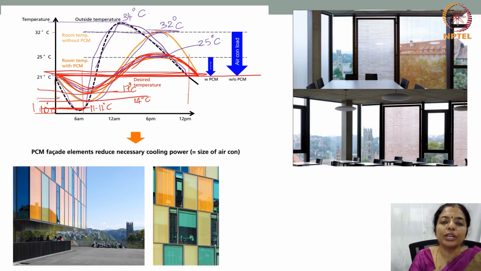So the load on the air conditioner with phase change material is only this much. Without phase change material and with regular glazing, the load on the air conditioner is this much. And when you don't have any air conditioning system, then this is how much heat has to be thrown out.